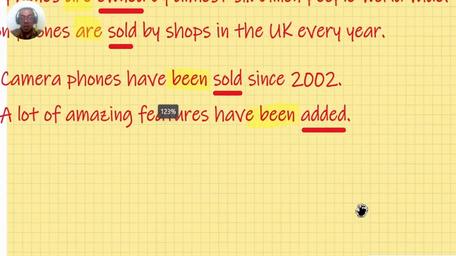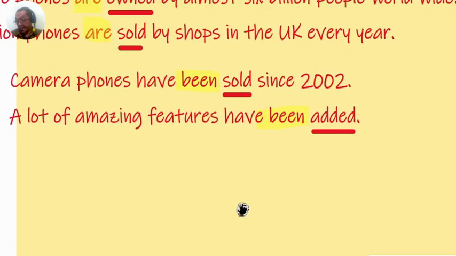And this sentence, a lot of amazing features have been added, is also a correct sentence. The doer is not important anymore. So this is another passive voice without doer mentioned.